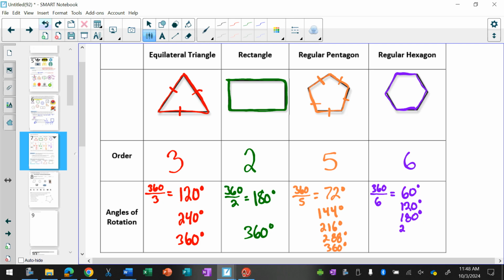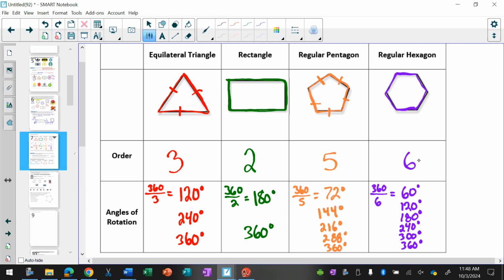So adding 60 would get us to 240 degrees. Then another 60 would get us to 300. And the last one ends at 360 as it's supposed to. 1, 2, 3, 4, 5, 6 angles of rotational symmetry to match 6 different ways it maps onto itself.